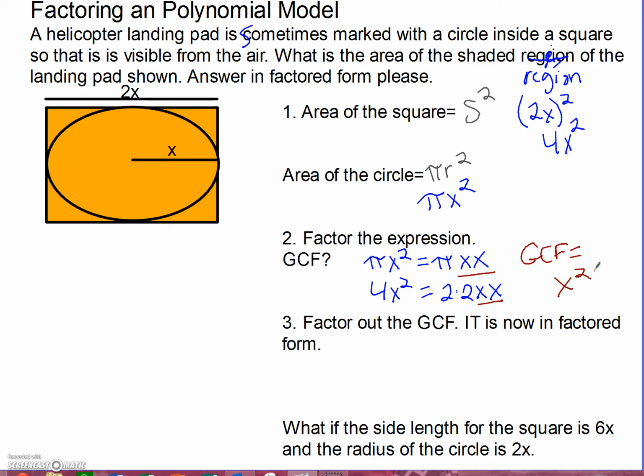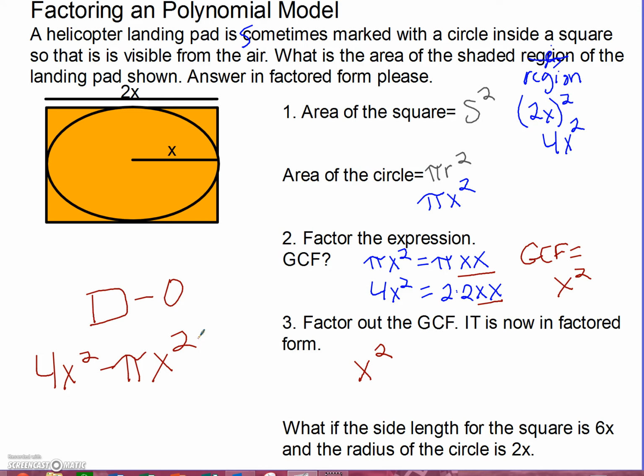So we can factor that out, and we want to do the square minus the circle. So think about square minus the circle. Your formula would be 4x squared minus pi x squared.